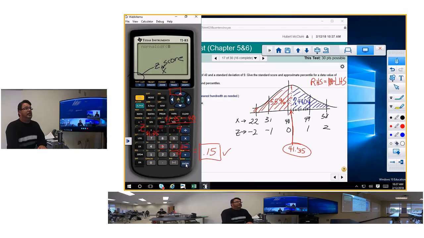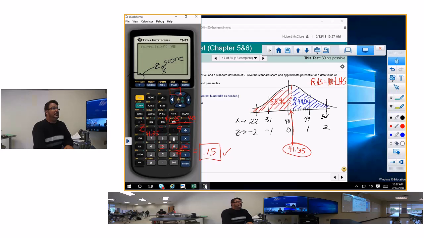And type in negative infinity, which is going to be negative 99999, comma, which is right above the 7. And what's our z-score? 0.15. Close parentheses. There it is. 0.5596.